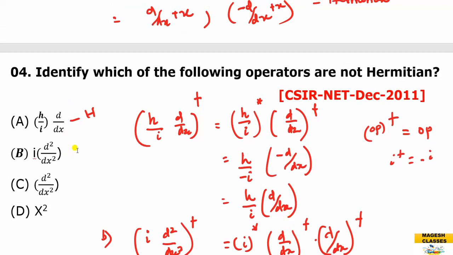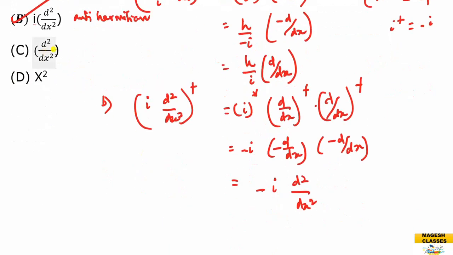So it is anti-Hermitian. Okay, so your answer is B. This way you can find that here it will be d squared by dx squared. You can write it as d/dx of minus into minus d/dx.